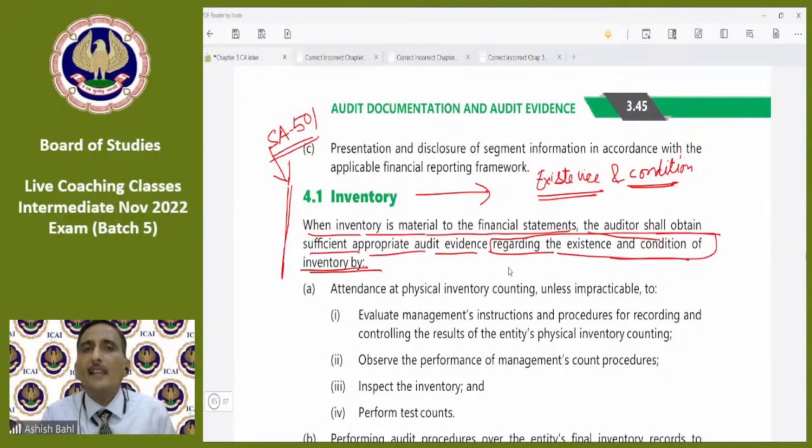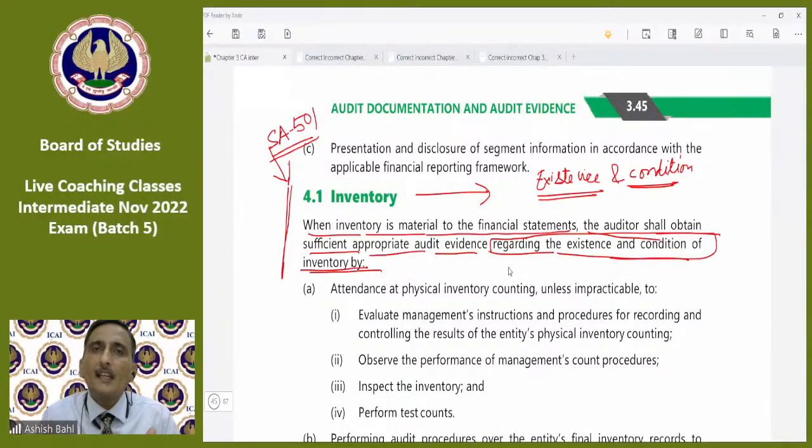It doesn't mean that the auditor is not concerned with other things relating to inventory, but SA 501 deals with the auditor obtaining sufficient appropriate audit evidence regarding existence and condition of the inventory.